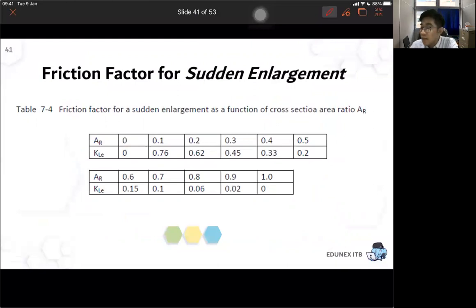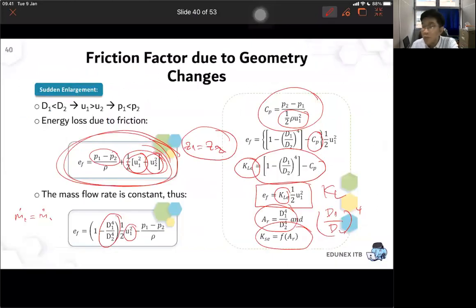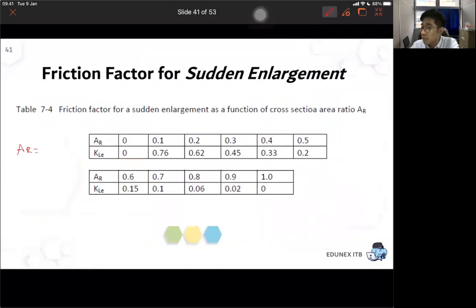Then AR is the ratio of the area, between the smaller and bigger diameters, inlet and outlet diameters, and then you can get the value of KL. So for example, if you want to calculate the EF of sudden enlargement, you need to calculate AR first.